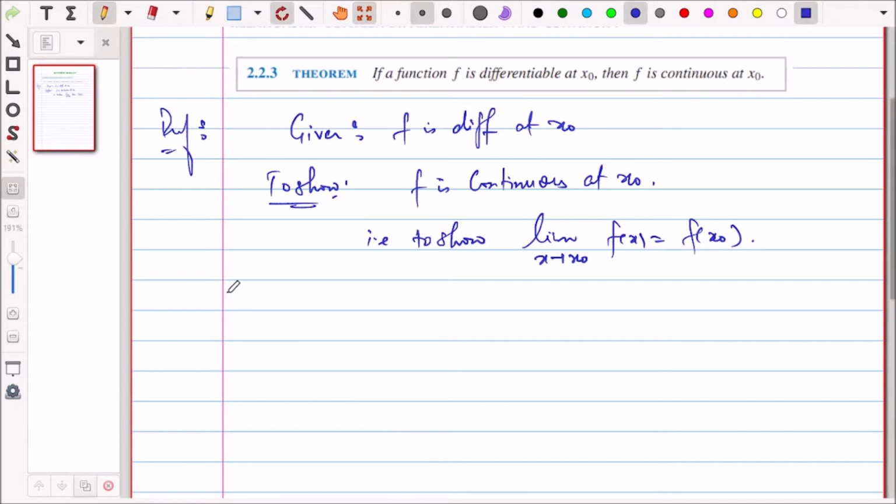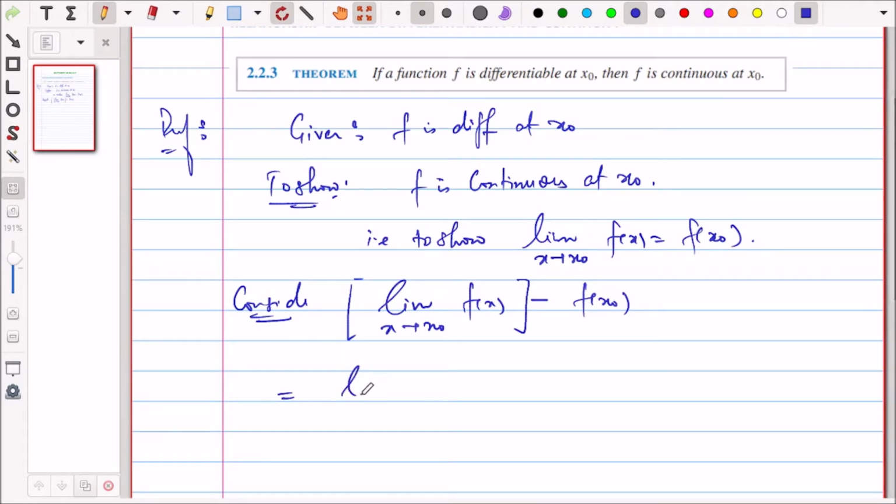We'll show that this minus this is equal to 0. So consider limit x tends to x naught, f(x) minus f(x naught). We will show that this comes out to be equal to 0. When we show that this is 0, that means these two are equal.